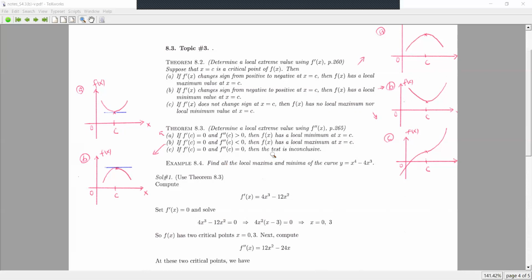So in this case, no conclusion can be made. Now in the following, let's see some examples of how to use these two tests to solve problems.